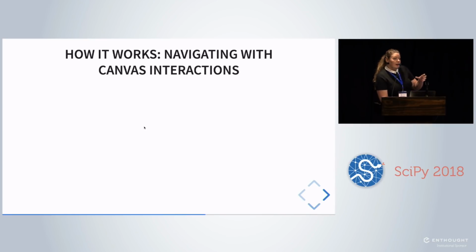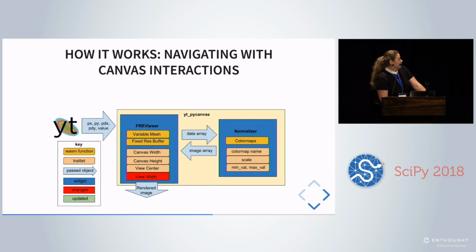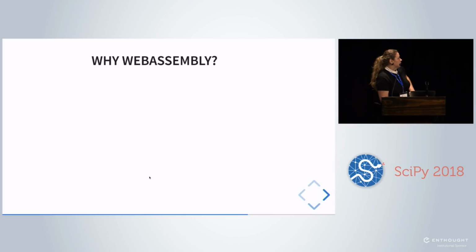If we do a canvas interaction, though, we're going to be moving the fixed resolution buffer around in the variable mesh. So if we change the view width, if we zoom in, then that's going to change where the fixed resolution buffer is. That's going to consequently change the data array, the image array, and then the rendered image.